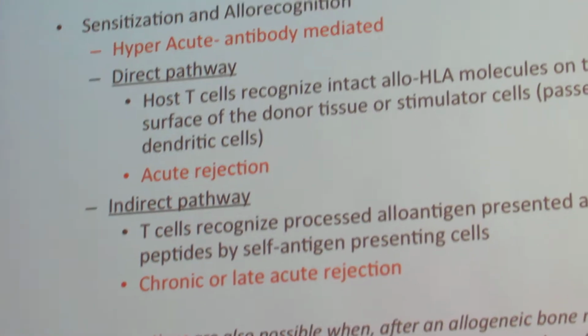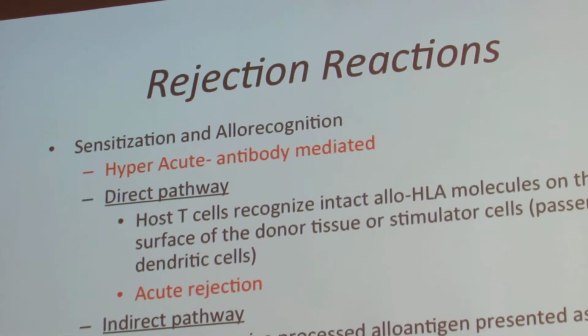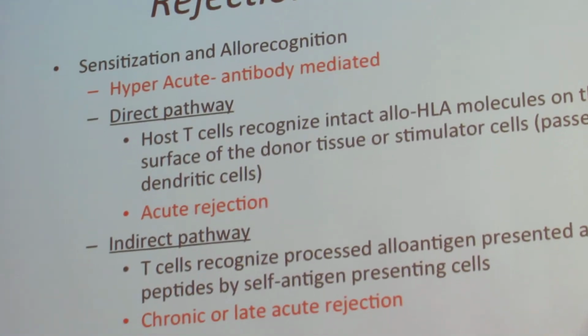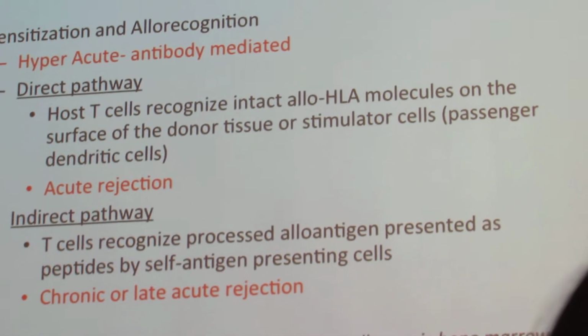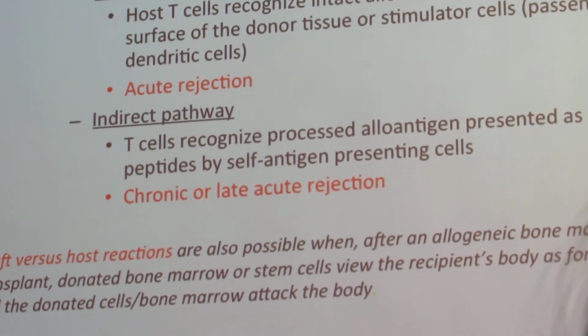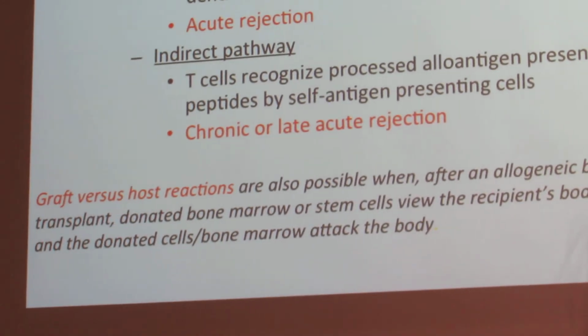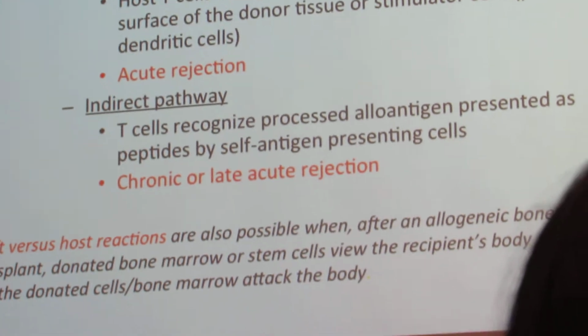Okay, so we have different types of rejection reactions. I mentioned the hyperacute, that's antibody mediated. The classic example is having A-type blood mixing with B-type blood. Those antibodies are going to precipitate. You're going to have a hyperacute reaction. It takes about 48 hours, very quick. And then you have the acute rejection and then chronic or late acute rejection. So a good way to think about those two differences is with those HLA molecules.